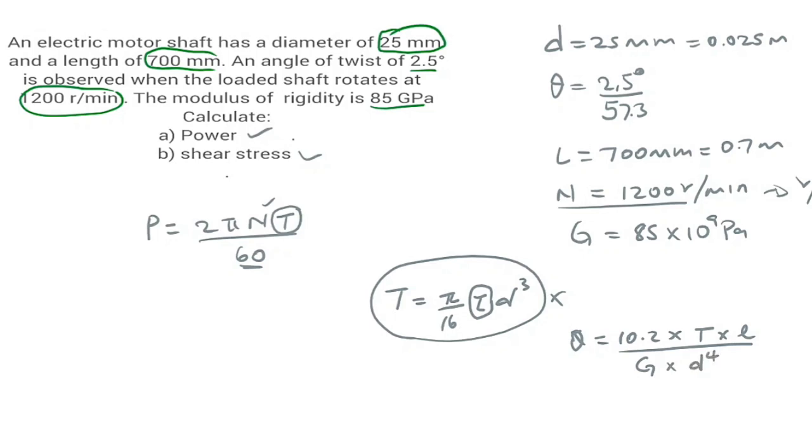So here we only have one unknown, it is the torque. We have the length, we have the diameter, we have the modulus. So we can use this formula to find the torque. That torque we will use in the power formula to find the power.